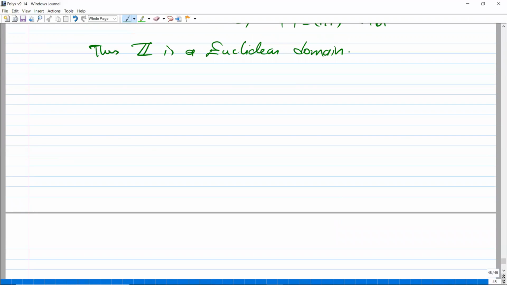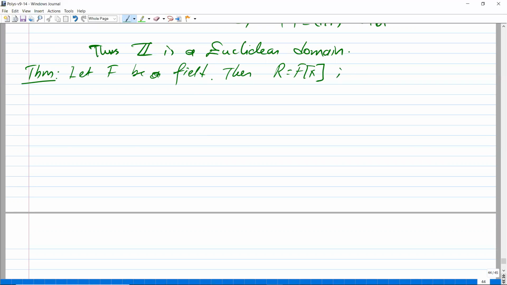There is another interesting, important example. Let me state it as a theorem. Let F be a field, for example real numbers or rational numbers or complex numbers. Then the ring of polynomials F of x is a Euclidean domain.